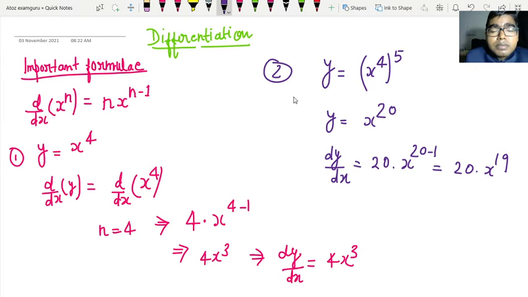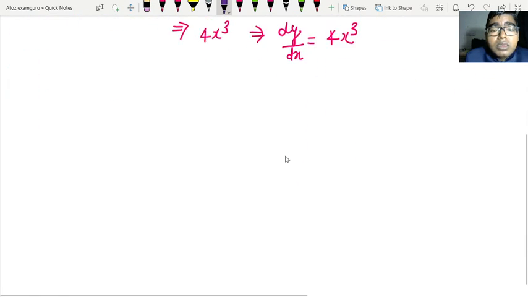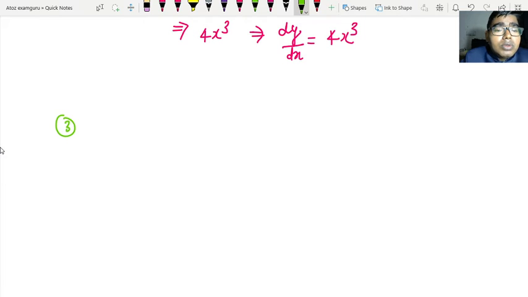The very next question is based on this formula. Let us take, suppose that the question given to you is y equal to the square root of square root of x, and you have to calculate d/dx of y.